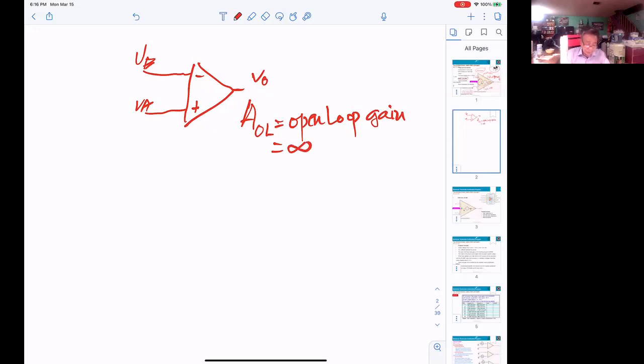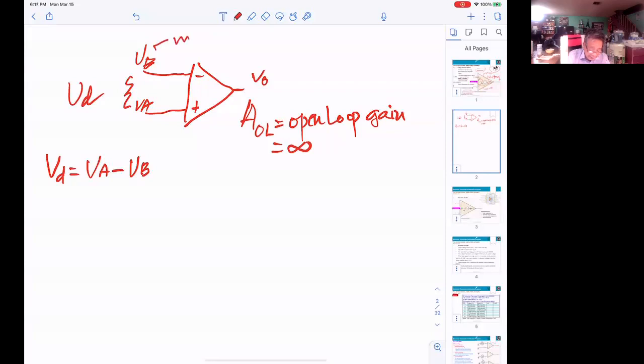And also the voltage between VA and VB, VD, will be equal to VA minus VB all the time, V positive minus V negative. The negative here is the inverting input.